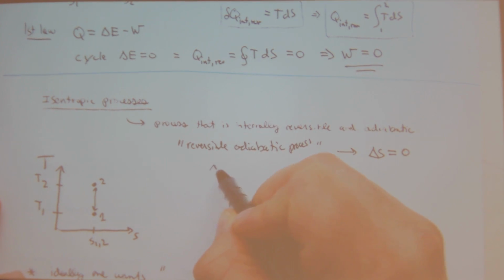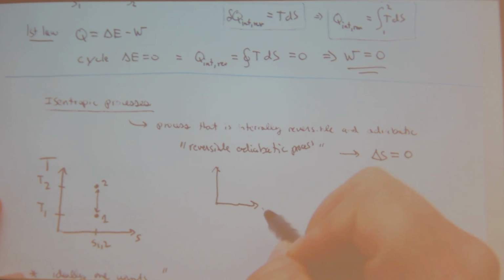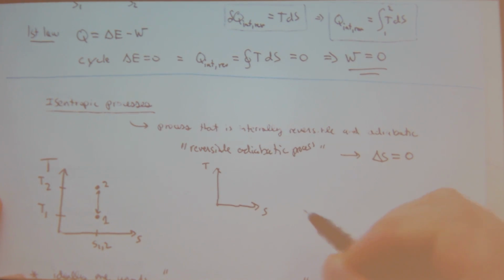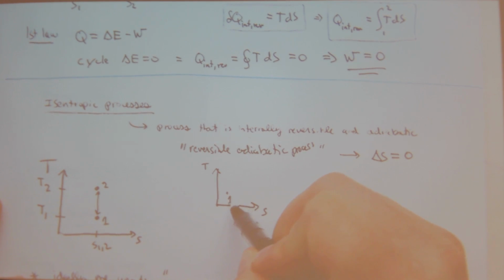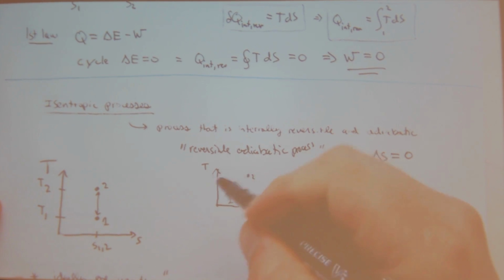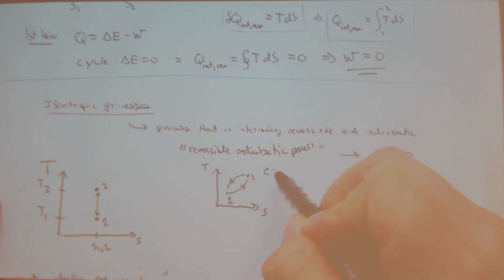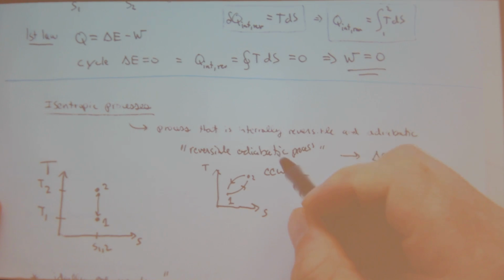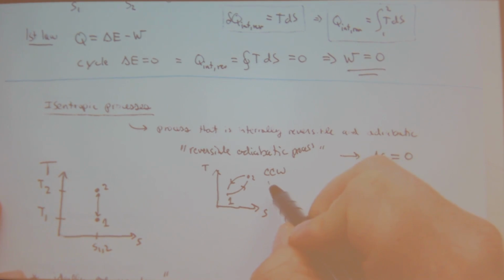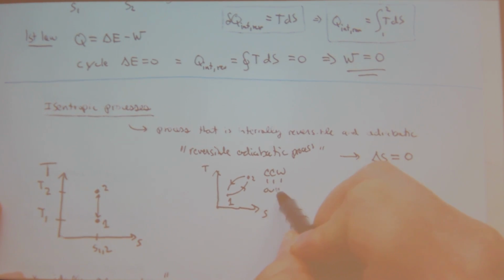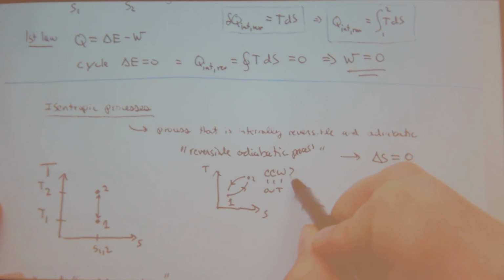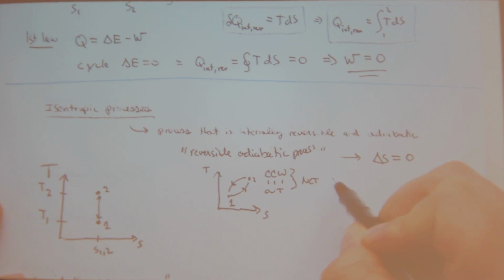So I'll just write again here for our clockwise, counterclockwise, and I can have state 1, state 2, and let's say I have a counterclockwise, and then 3 letters. Net heat out of the system.